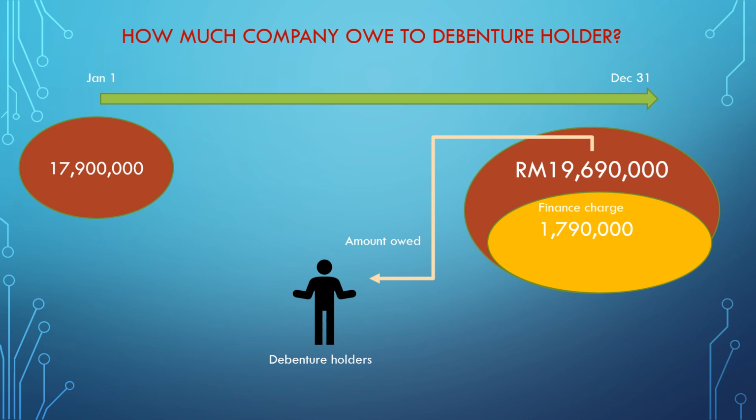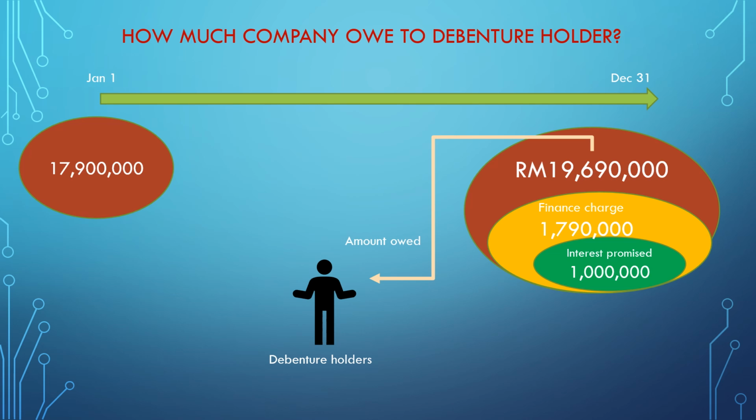So at the end of the year, the money they actually are owed is 19,690,000. However, the finance charge includes the interest promised to the debenture holders, which is 5% per annum. We promise to pay this to the debenture holders as interest.